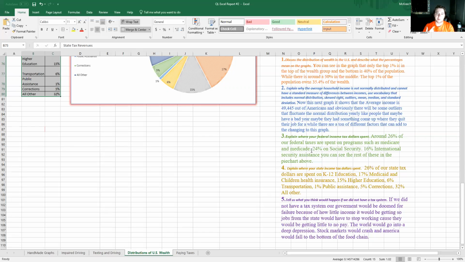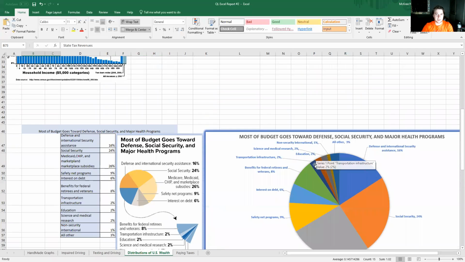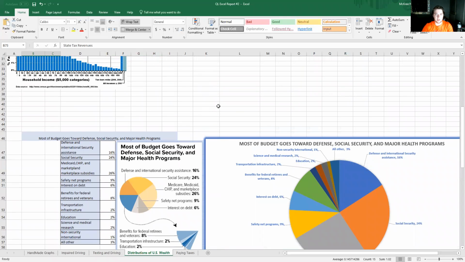We'd probably end up going back to trading goods and services, and if taxes were to fall, then I think paper money would also end up falling, going back to caveman times. Taxes are very important for the United States, although they do seem kind of high.